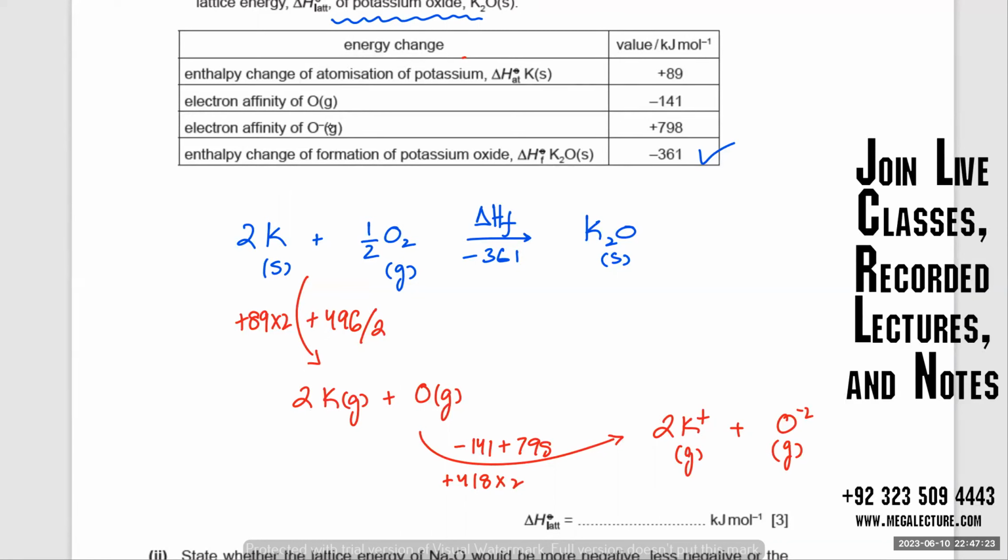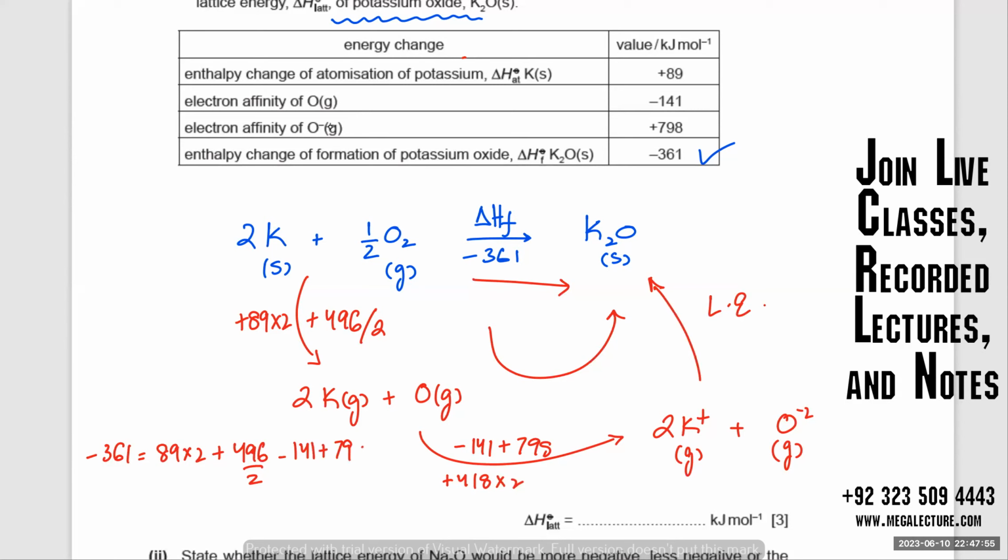Finally, the gaseous ions form the lattice, so that's your lattice energy, and you just have to solve for it. One path is equal to the other. So minus 361 is equal to all of this other stuff: 89 times 2, plus 496 divided by 2, plus minus 141 plus 798, plus 418 times 2, plus lattice energy.